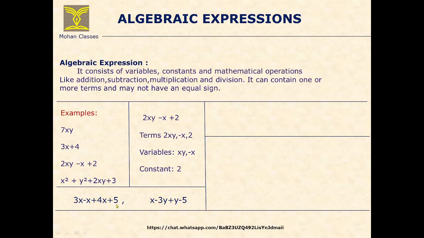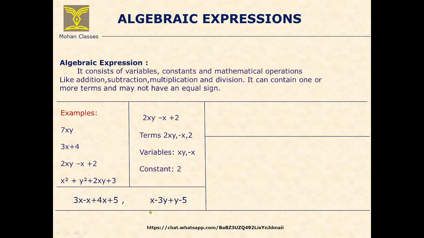So 6x plus 5 is the algebraic expression; it looked like it had 4 terms, but actually it has only 2 terms. In another example, x minus 3y plus y minus 5, minus 3y and plus y simplify to minus 2y, so it will have 3 terms.